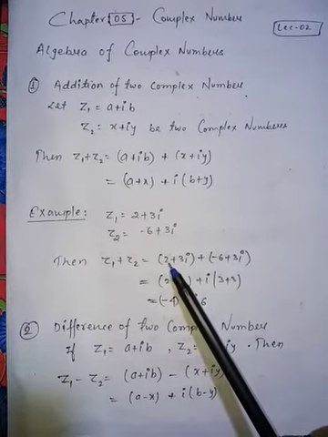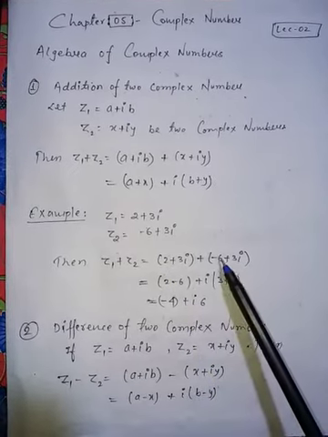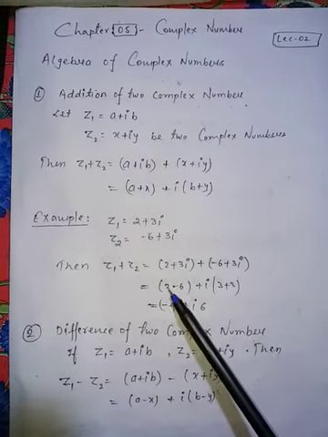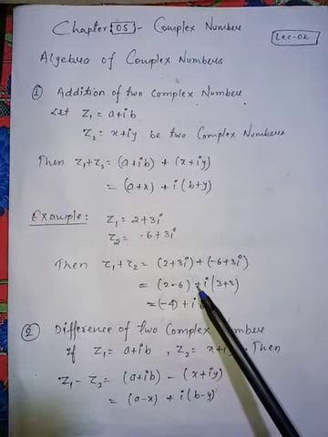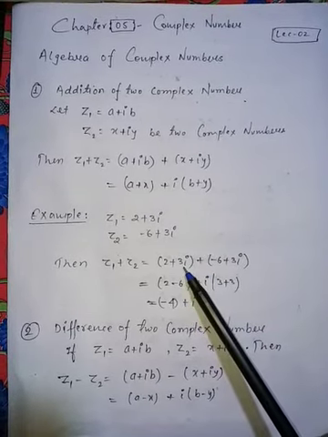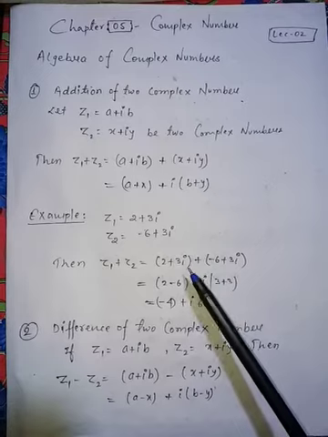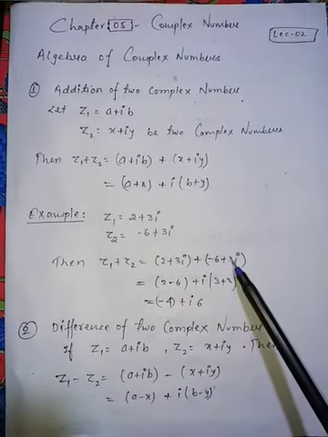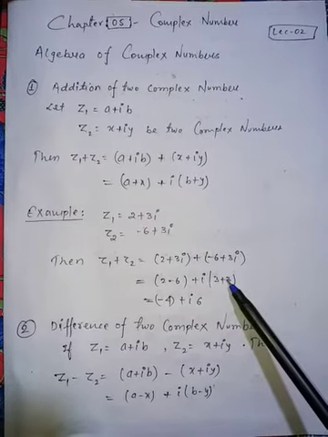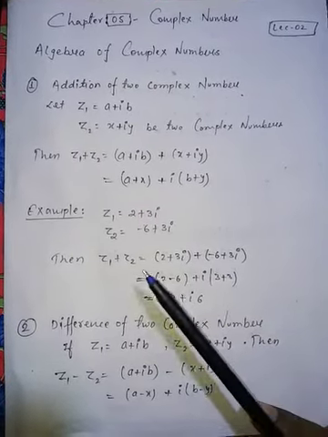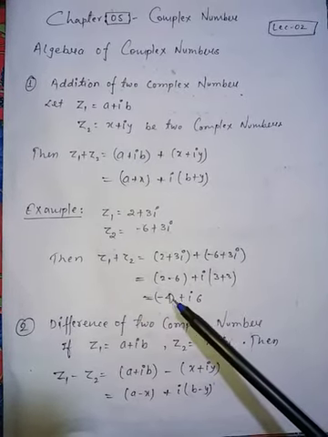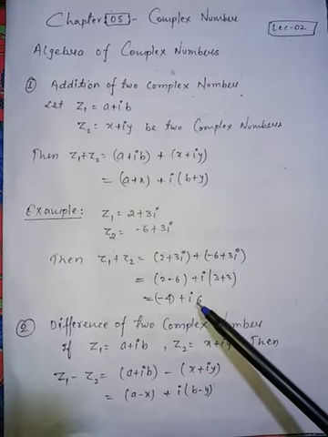Here real part is 2 and here minus 6. So we operate 2 minus 6 plus iota. We add imaginary part and imaginary part. There is 3i, also 3i, so we get 3 plus 3. And hence z1 plus z2 we get minus 4 plus 6i.